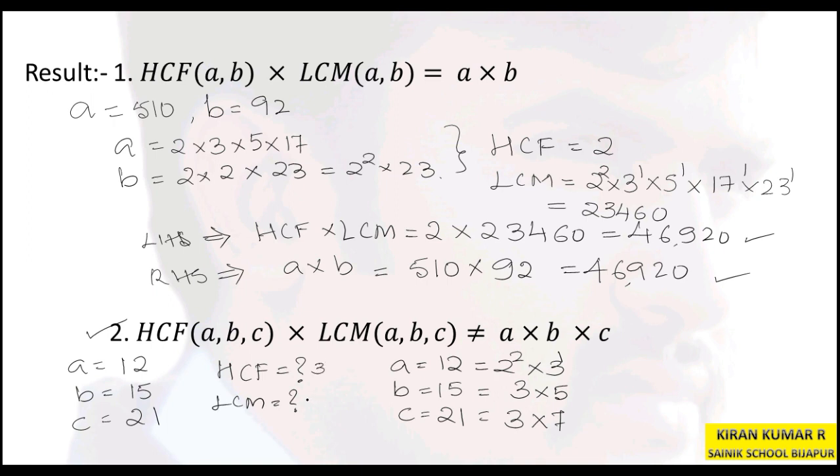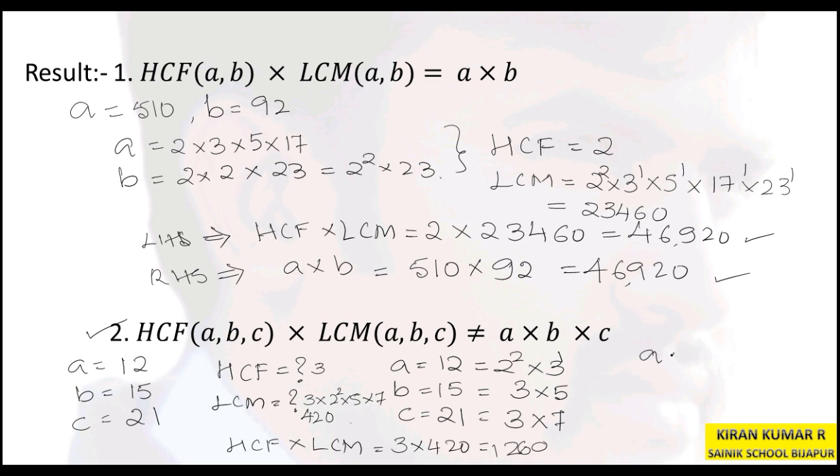And the least common multiple is 3 raised to the power 1 into 2 square into 5 into 7. On simplification, it becomes 420. Look at the product of HCF into LCM. HCF into LCM is 3 multiplied by 420. This becomes 1260.